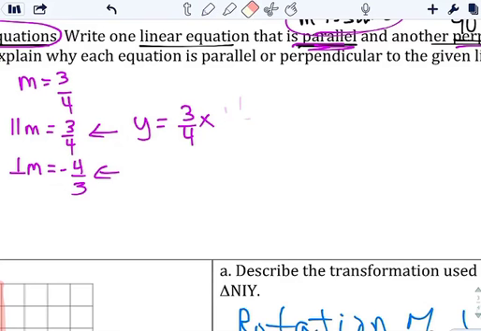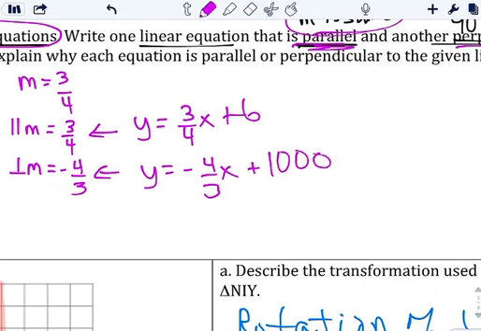Now give me an equation of a line that would be perpendicular. We'll start with this table. Y equals negative 4 over 3 x plus, does it matter? No. Let's put 1,000. Alright. Okay, any question on this?